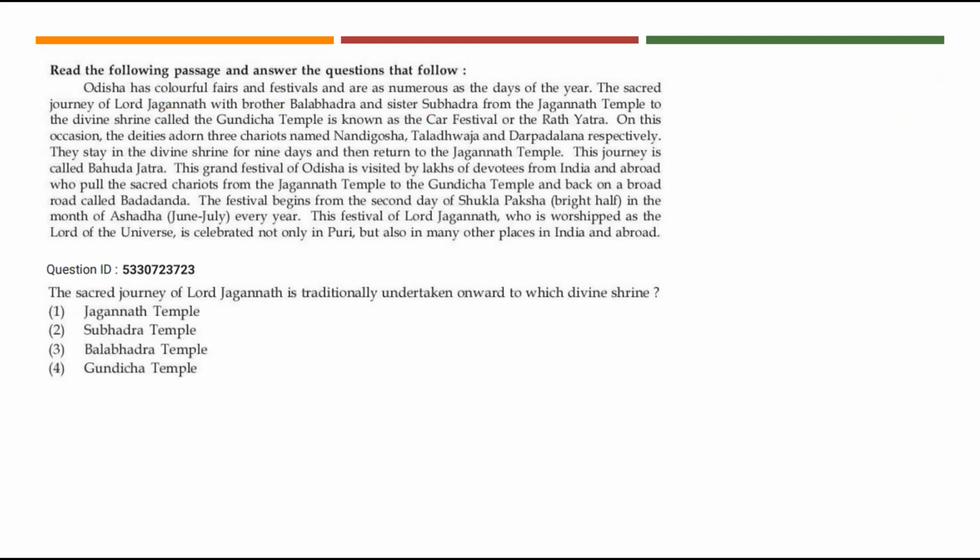Next question. The sacred journey of Lord Jagannath is traditionally undertaken onward to which divine shrine? So here the Rath Yatra is from the Jagannath temple to the divine shrine called the Gundicha temple. Option 4 will be the right answer. Next question.